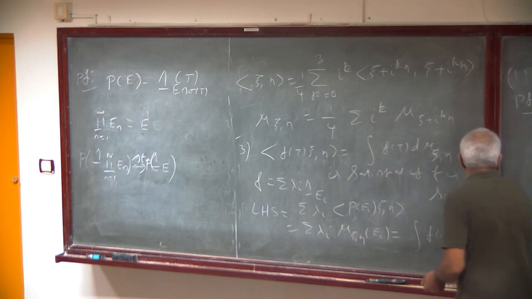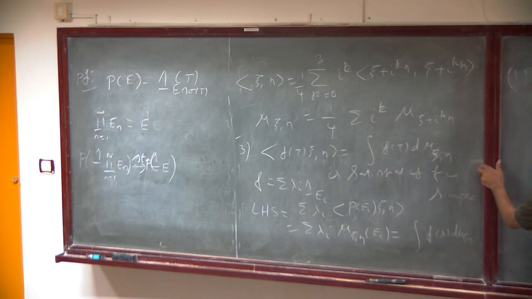We have to prove it for general functions, so we just approximate. This f is not any f; this f has to be bounded. I mean, we can prove it for L infinity. We take f bounded, measurable.